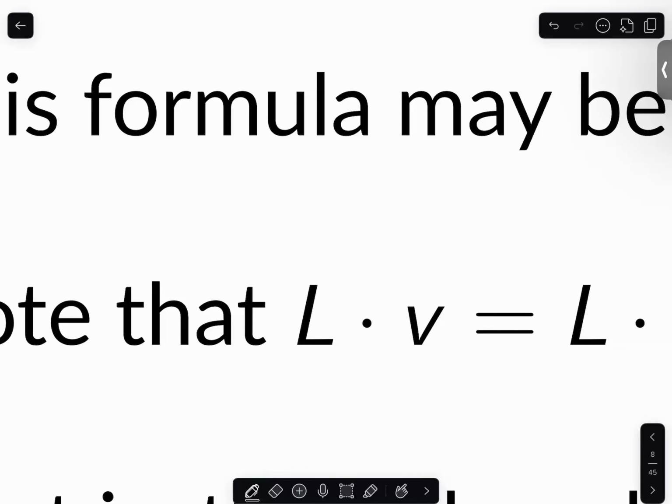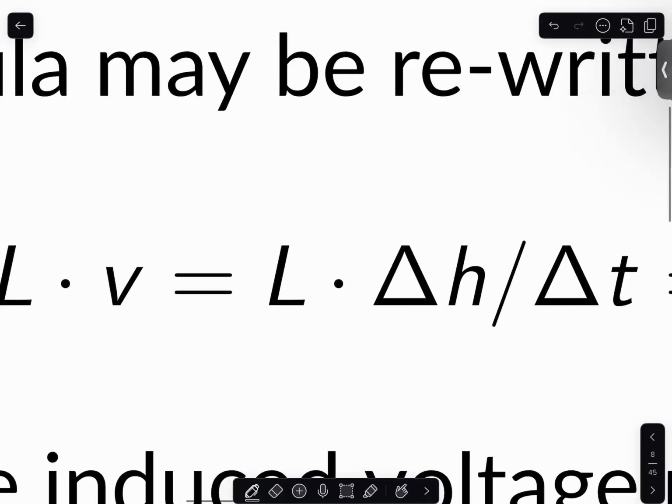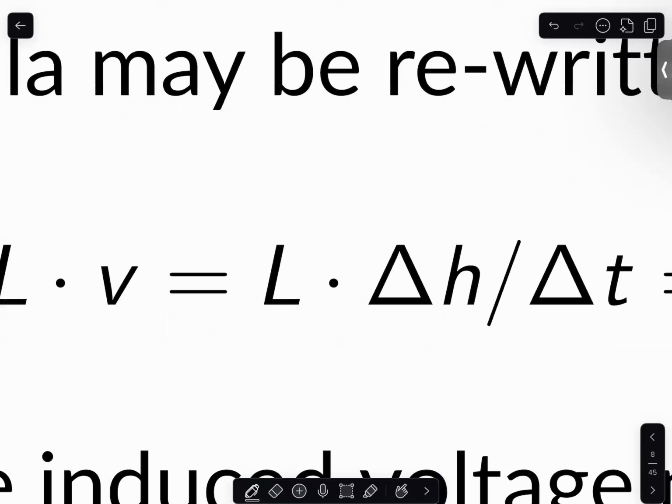Position is h, delta h over delta t. Everyone comfortable with h being position? Remember, capital H, starting position. Little h as a function can be any position at some time. So this ain't nothing but the meaning of velocity.